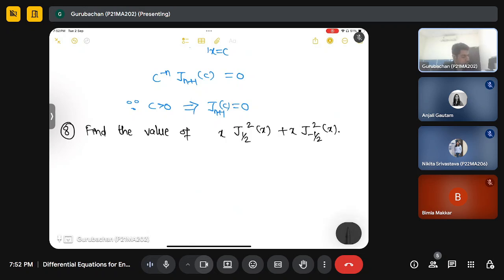It is not that difficult. You may try on your own first: recall the values of J_(1/2)(x) and J_(-1/2)(x), then square and multiply with x, then calculate the exact value. Try this one.